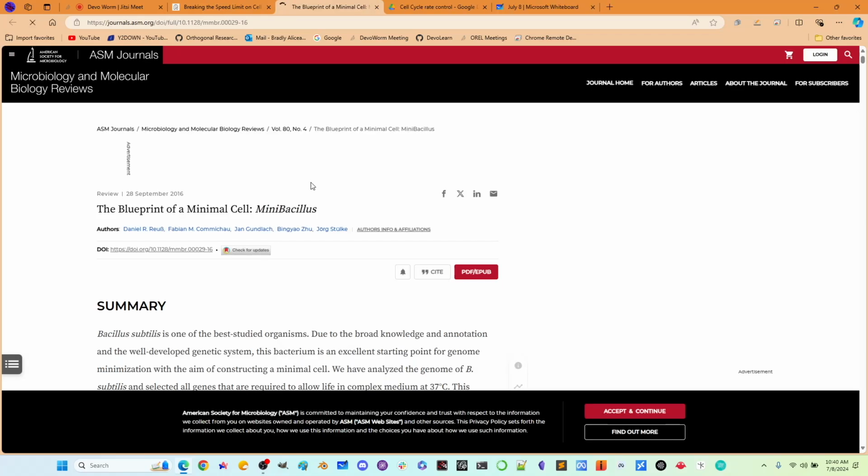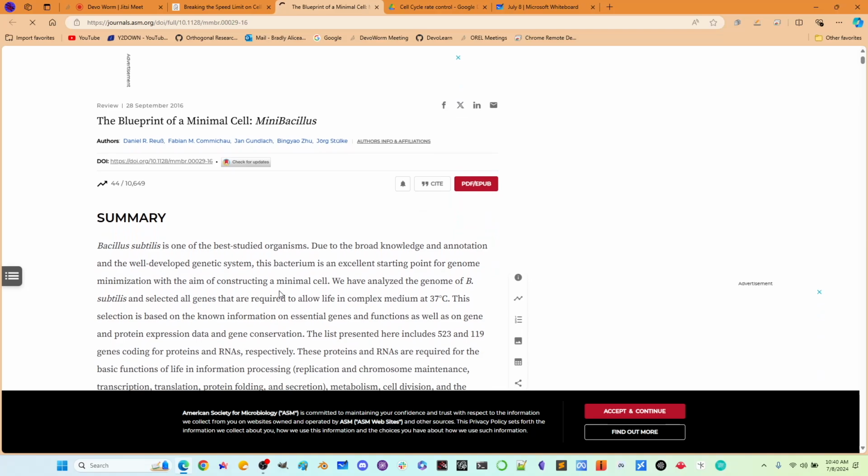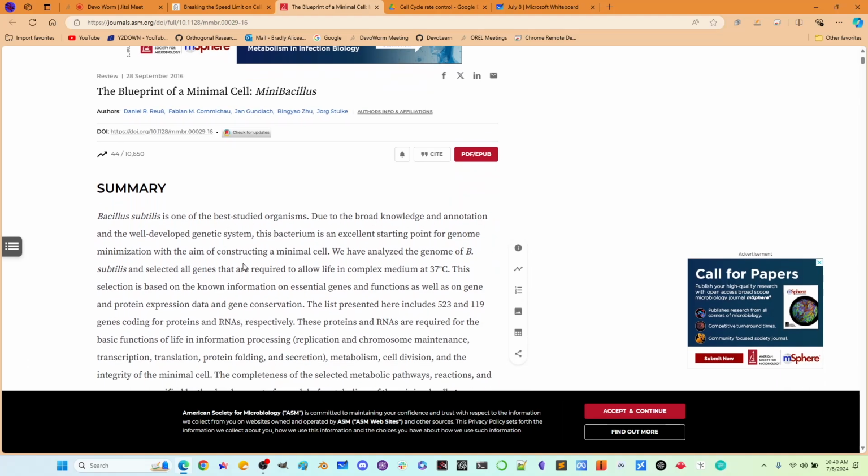The blueprint of a minimal cell, mini bacillus, and this is, of course, this paper where they do this in bacillus, where we have analyzed the genome of B. subtilis and selected all genes that are required to live life in complex medium at 37 degrees Celsius.